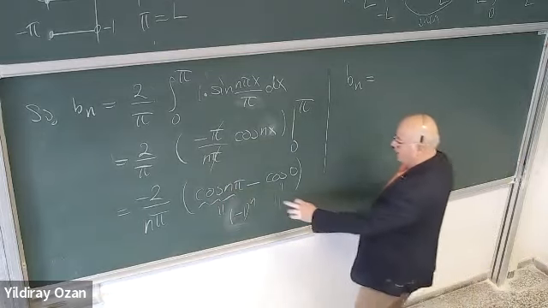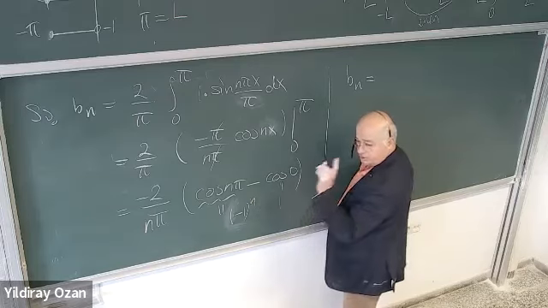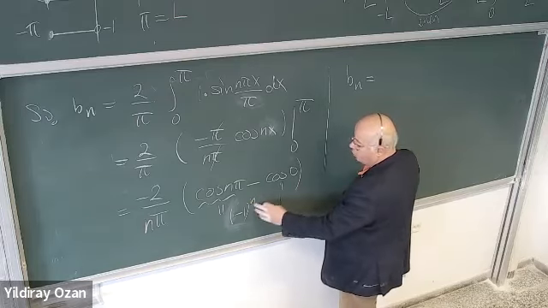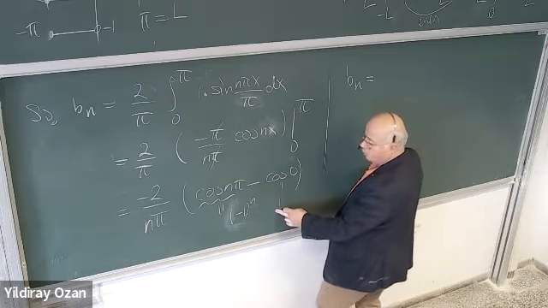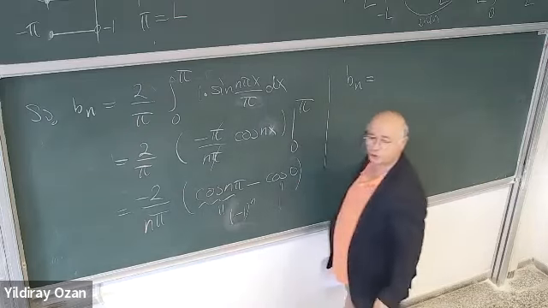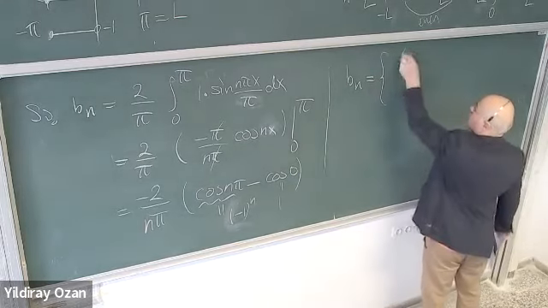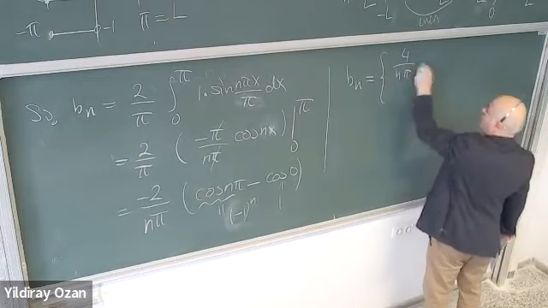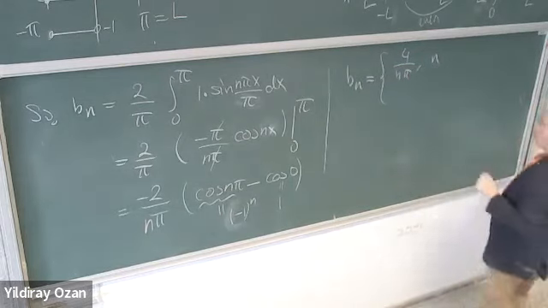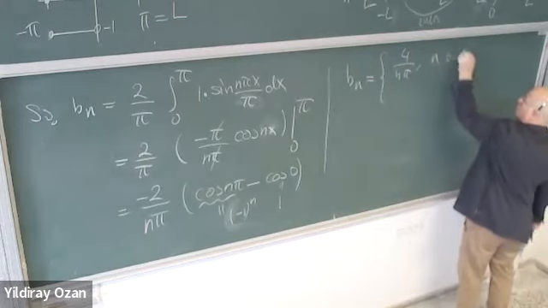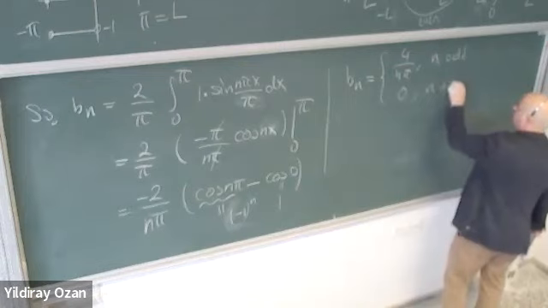So if n is even, then this is 1 minus 1, it is 0. If n is odd, this is minus 1, this is minus 1, minus 2, another minus 2, so it is 4. So we have 4 over n pi if n is odd, and 0 if n is even.